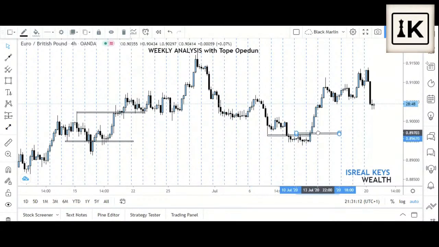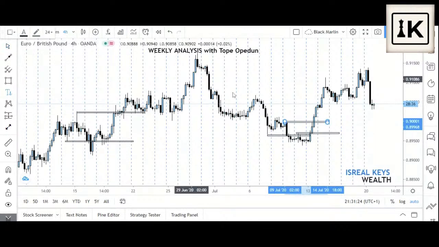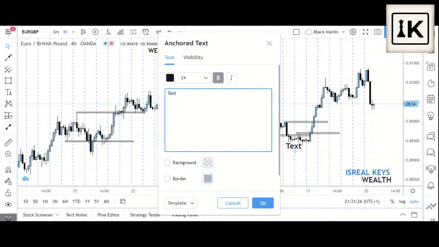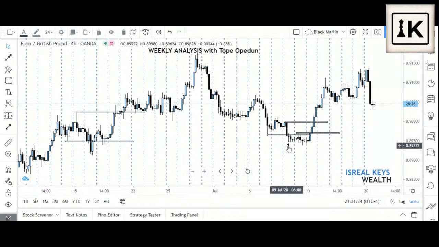So you can call that a breaking structure. I would mark both out anyway. So now I've got my 1, I got my 2. So this is my 1. And this is 2.